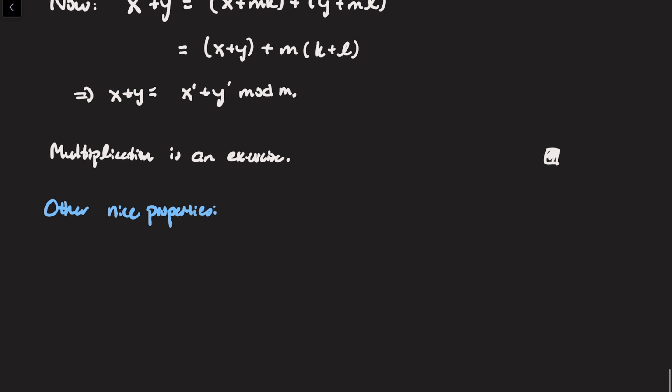One is the distributive property. And that is that x times y plus z, we can distribute multiplication over addition in the modulus.